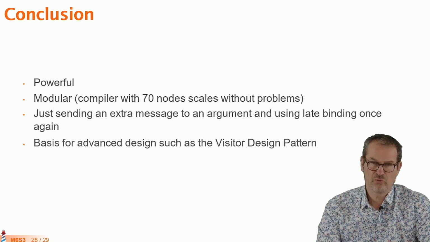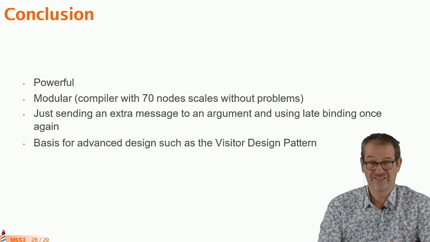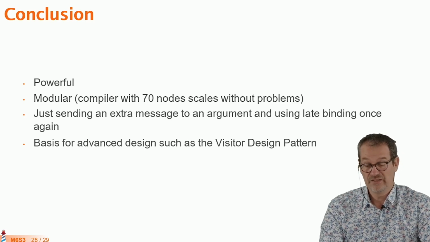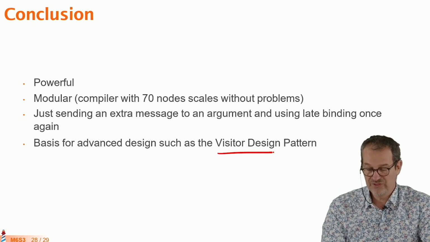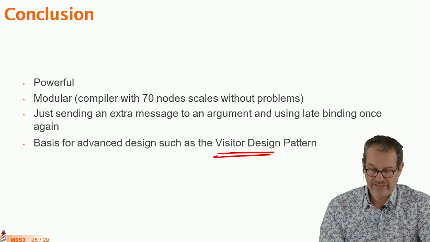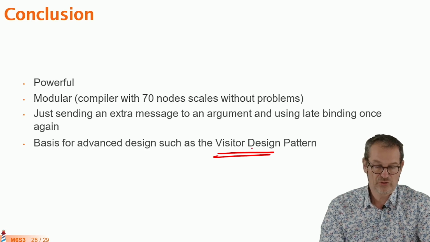A composite structure with a lot of nodes where you have to do special treatment for each of the nodes, and you have to do different special treatment, then you will see that this is really a call for the design pattern. And the Visitor design pattern is based on this double dispatch. To understand the Visitor design pattern really clearly, you have to understand double dispatch.